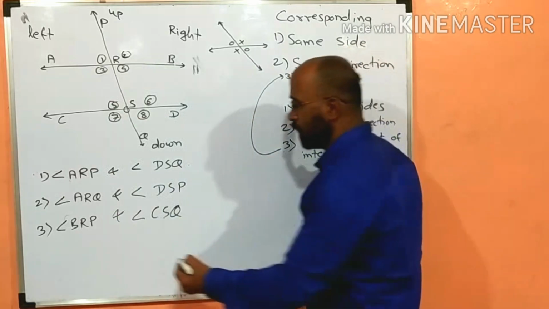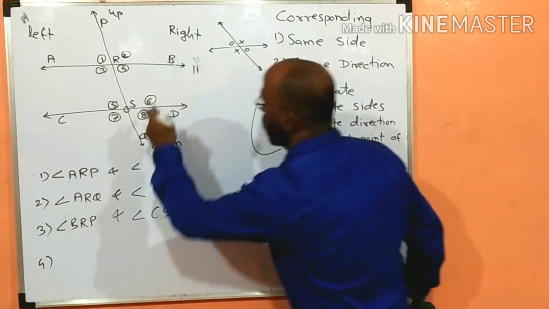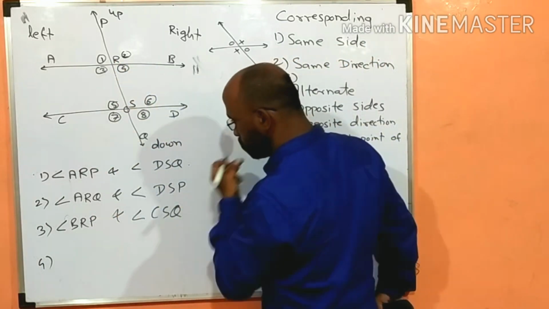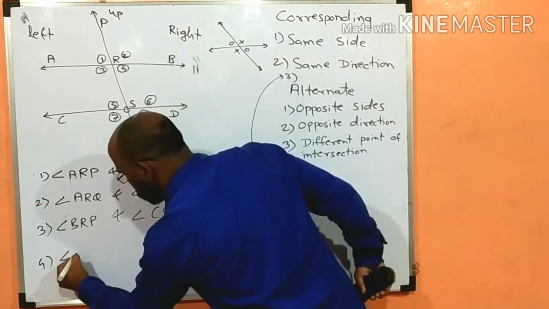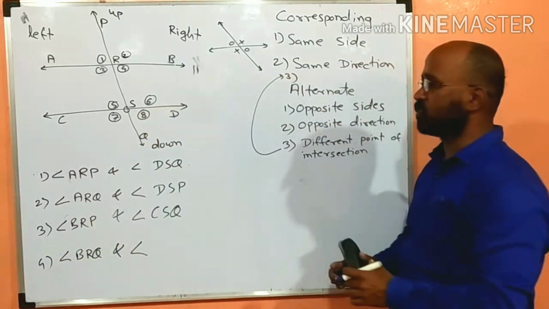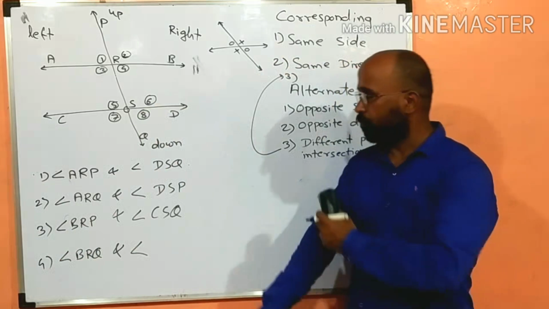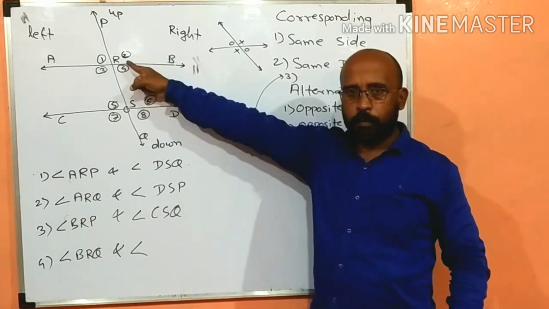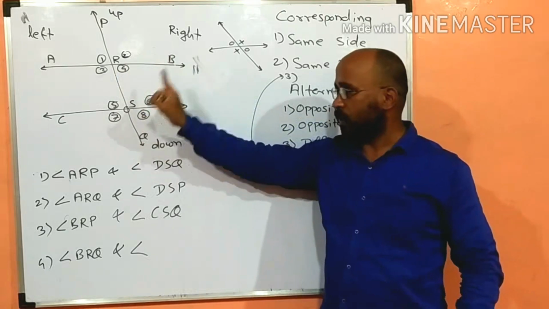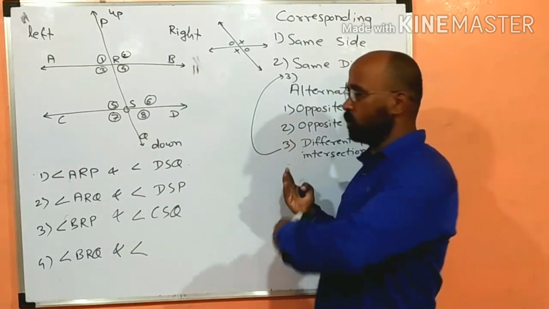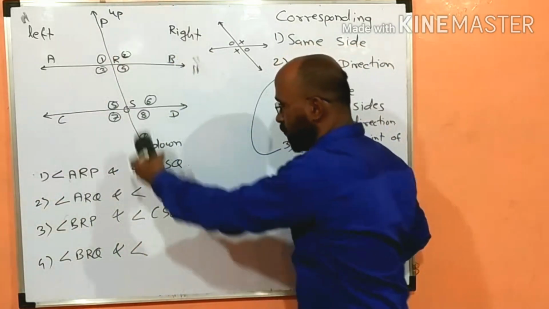Got it? Let us see the final one, angle number 4, that is angle BRQ. Let's search its alternate angle on different point of intersection, means not at point R but at point S. BRQ is on right side, so we have to look for the answer on the left side of the transversal.